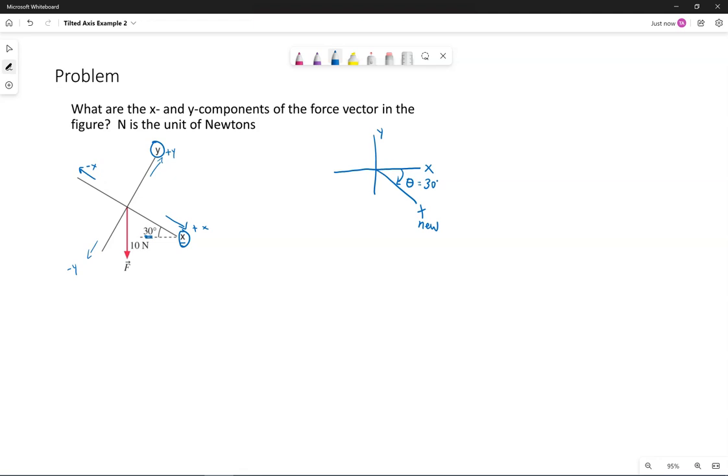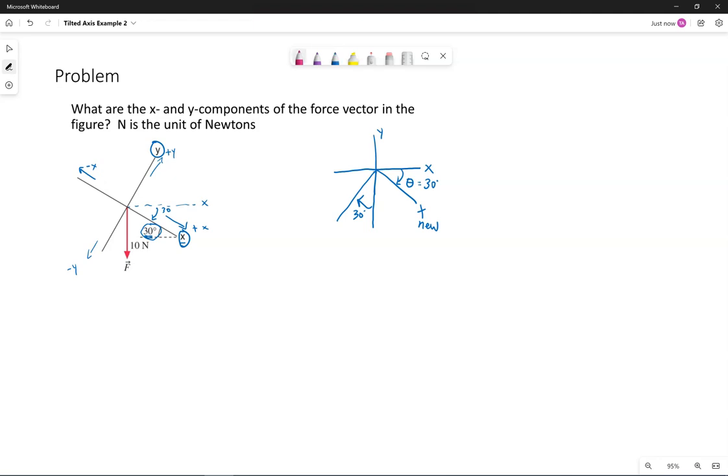So 30 degrees in this case. That means the y-axis is also rotating by 30 degrees. We could come over here and say this was our original x. We had to go down by 30 degrees, this angle, to get the x-axis to line up with this slope.